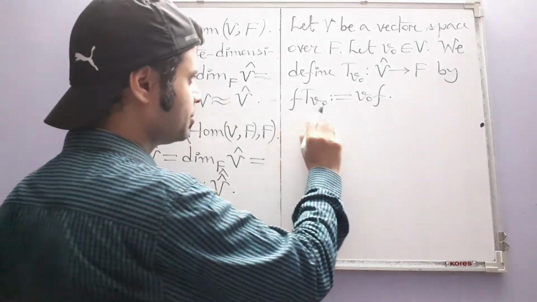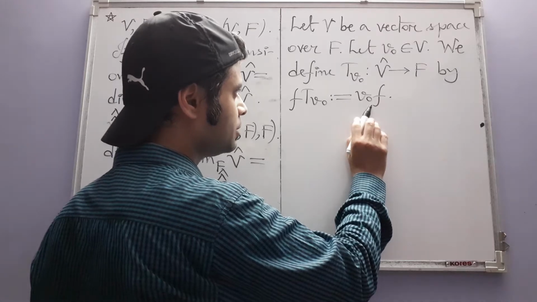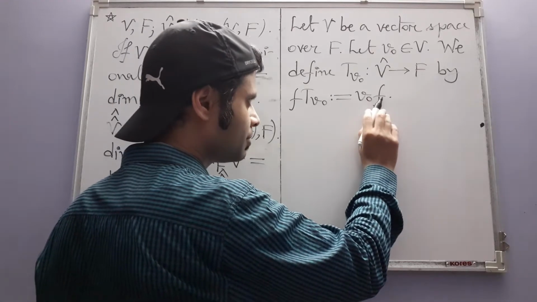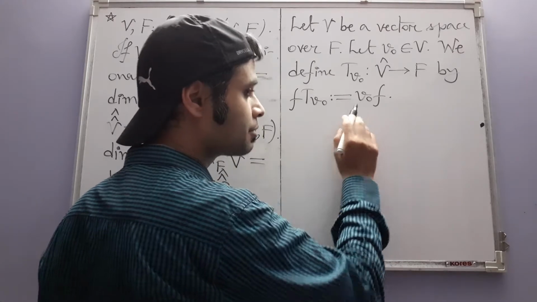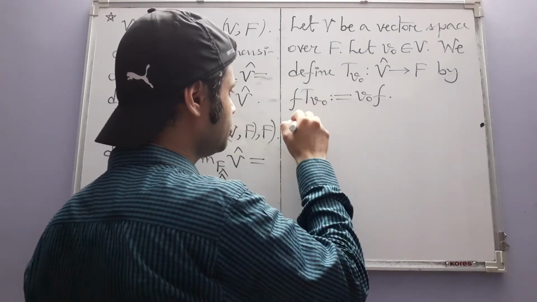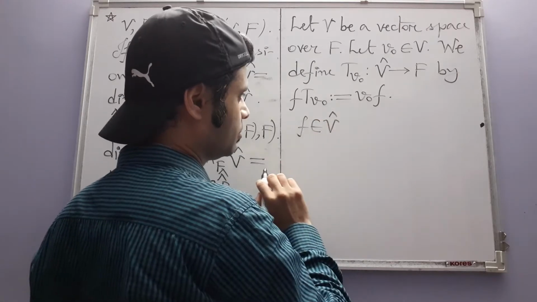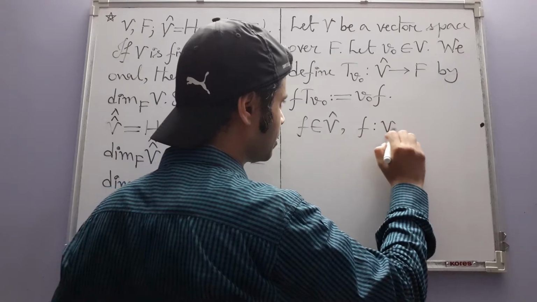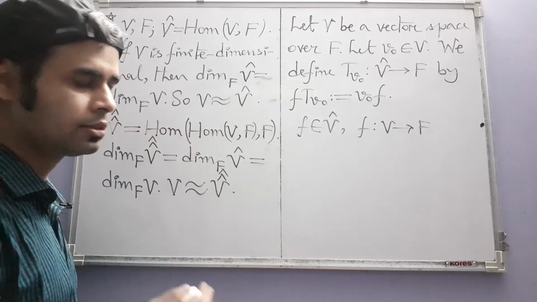Now what happens when we apply T v naught to it? We get this, which if you look carefully is actually the value of the function f at v naught. Does that make sense? Yes, that makes sense, because when you are choosing f from V hat, then f itself is a function from V to F. In fact, f is a homomorphism or a linear transformation.